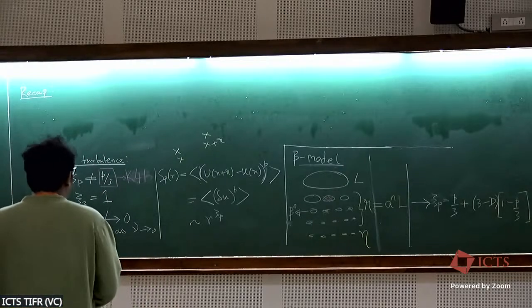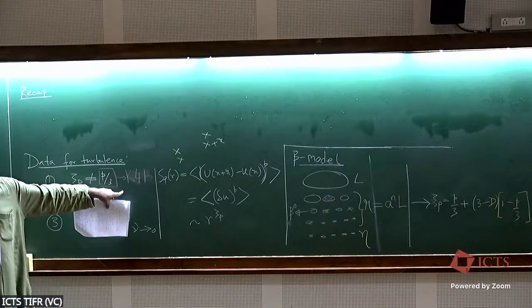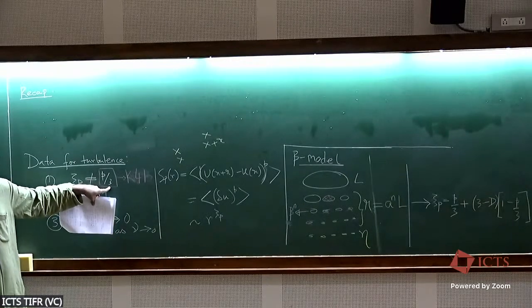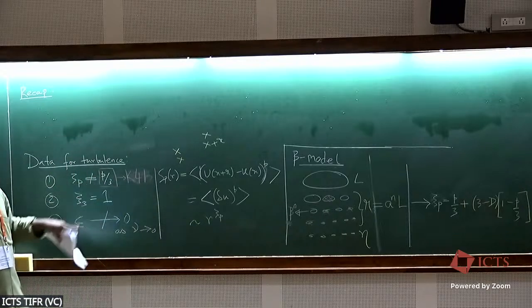All right? And we saw that if you use Kolmogorov theory or simple cascade picture phenomenologically, all of them led us down the garden path to this exponent being equal to p by 3.